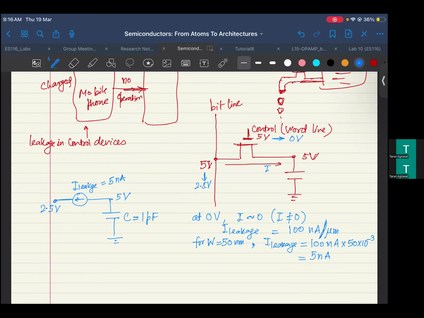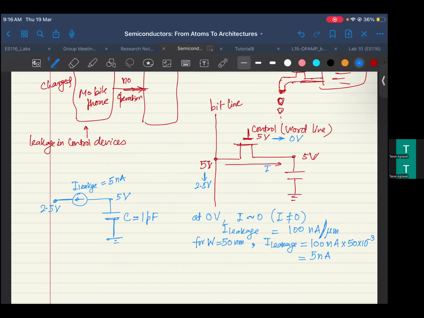Then it is a question of the RC time constant: in how much time will this capacitor discharge, or come to 2.5 volt? That is where you have lost charge in the capacitor, or the state of the capacitor.